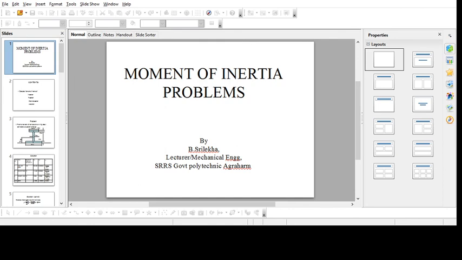After that, what you'll do is simply make use of the formula for moment of inertia, that is b d cube by 12 and d b cube by 12.